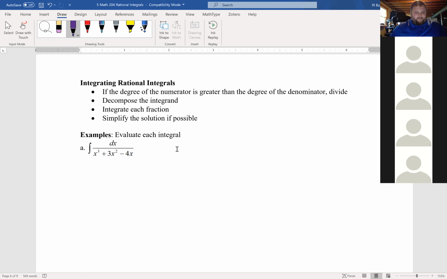So first off, I have to factor this thing, because the whole point of rational integrals is having some factors to deal with. So x cubed plus 3x squared minus 4x. I can factor out an x.